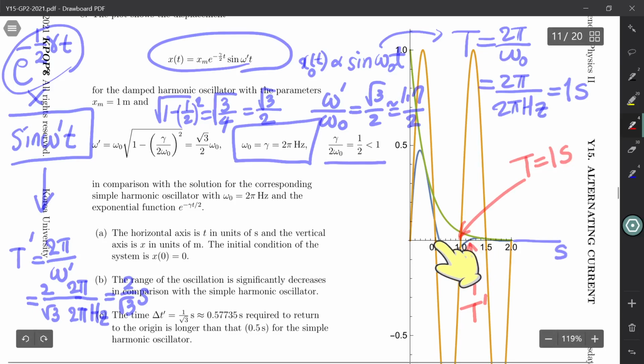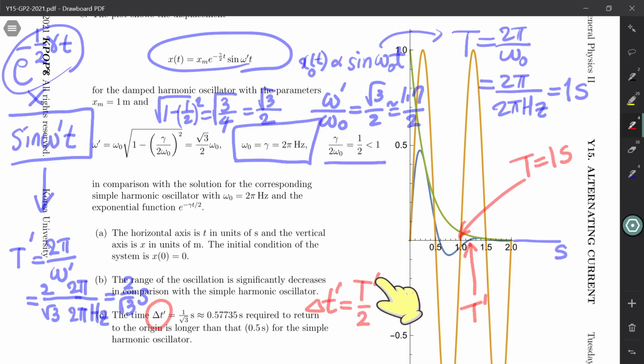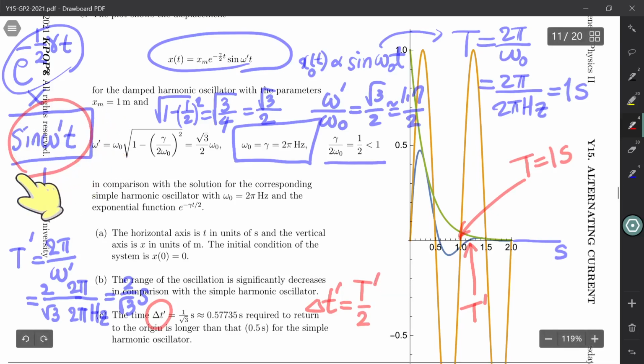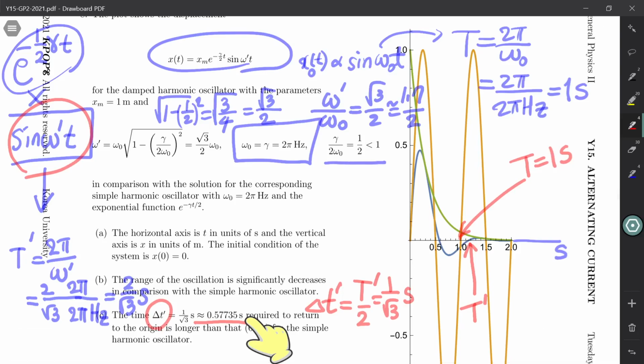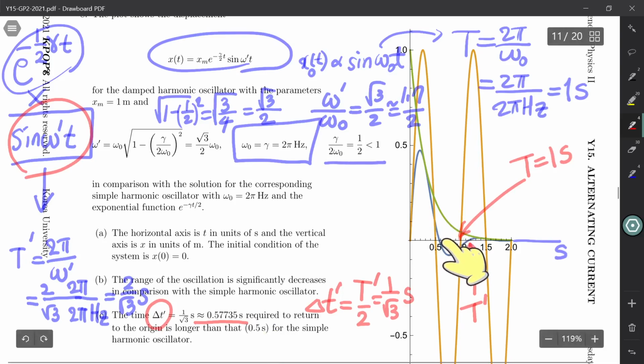When it returns to the origin without a phase shift, this is pi, so this is delta t. Delta t prime equals 1/2 of the period of that oscillating factor. That is half of this second. That is approximately 0.577. The point is here.